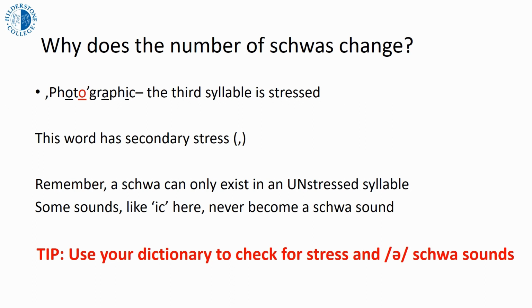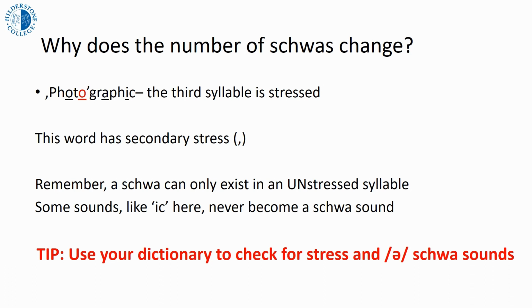And it's because it's not an unstressed syllable. It doesn't have the main stress, that's true, but it's not an unstressed syllable. So remember, a schwa can only exist in an unstressed syllable. And there are also some sounds like ick that never become a schwa sound.